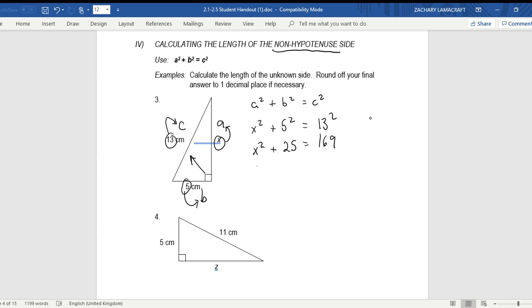And we want to keep that x squared by itself, because we want to figure out what that's equal to. So we need to take that 25, or positive 25, and bring it to the other side. And when we do that, it becomes negative 25. So it's x squared is equal to 169 minus 25.